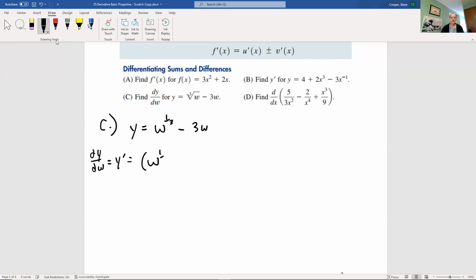So it's w to the 1/3 prime minus 3w prime. So that's equal to 1/3 w, and then 1/3 minus 3/3 would be negative 2/3. And then this just becomes the 3 because w prime is 1. So there's our result there.